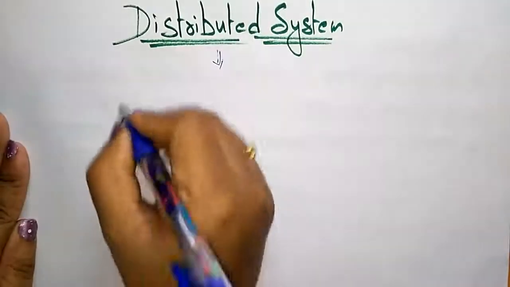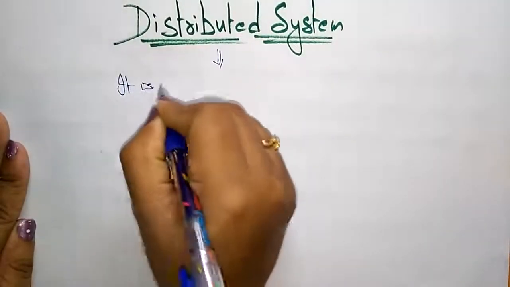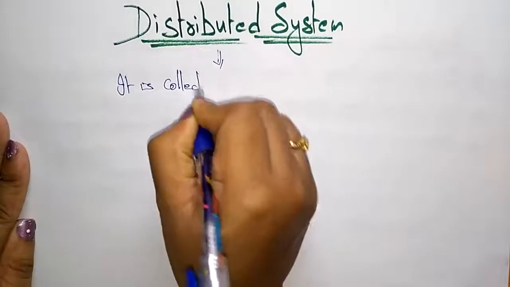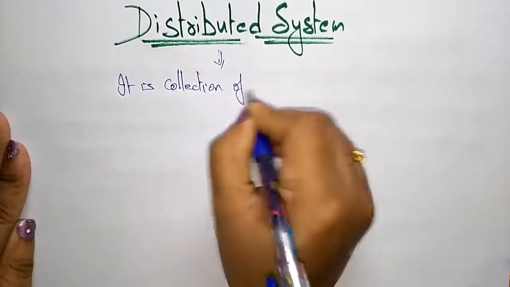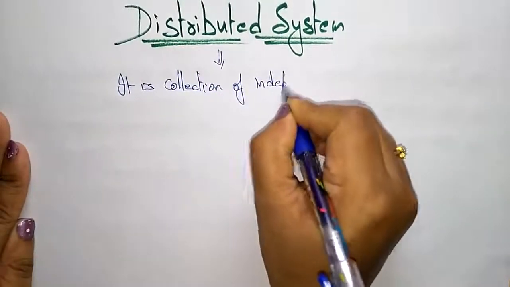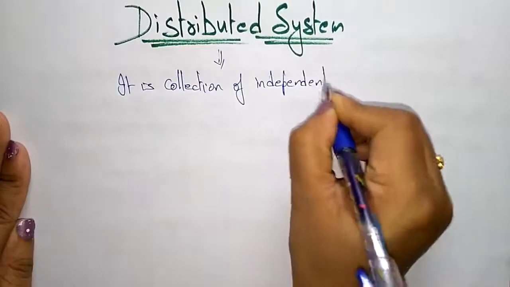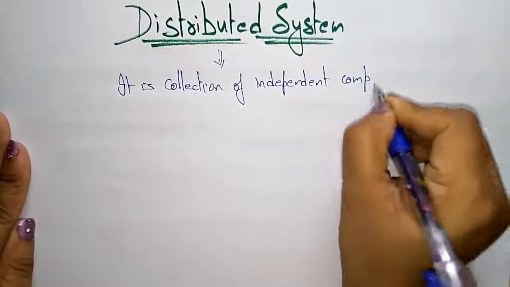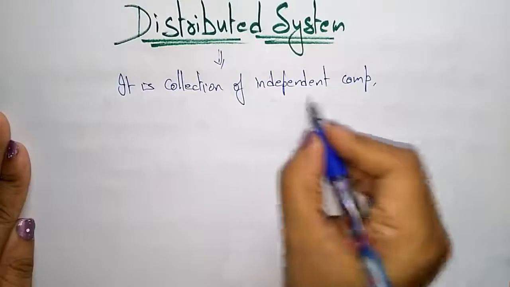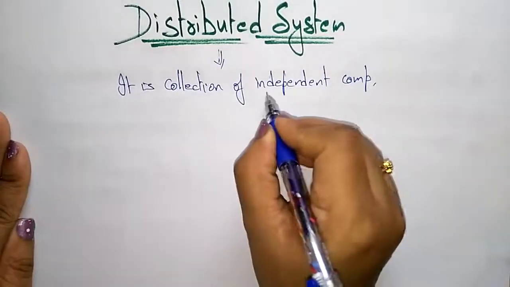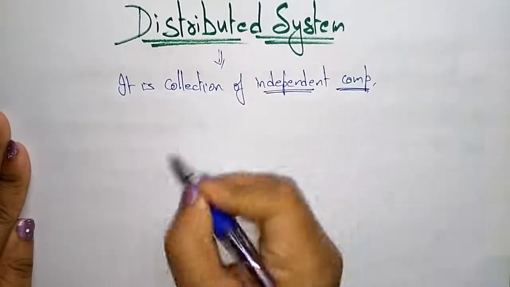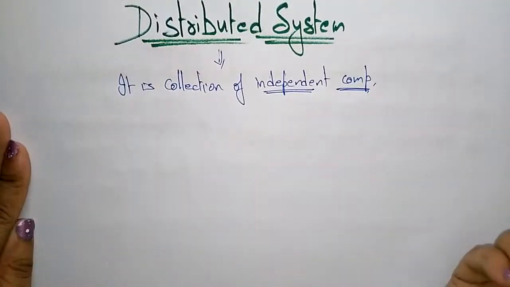A distributed system is a collection of independent computers. I'm talking about independent computers, which means one computer does not depend upon another computer.